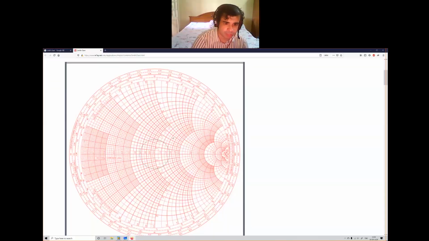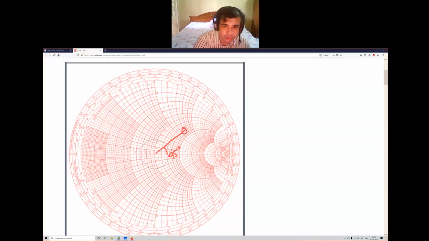I do not have a scale, so it will not be perfect. This is 0.5 and this is 45 degrees approximately. Obviously, it is not perfect because I am drawing it.